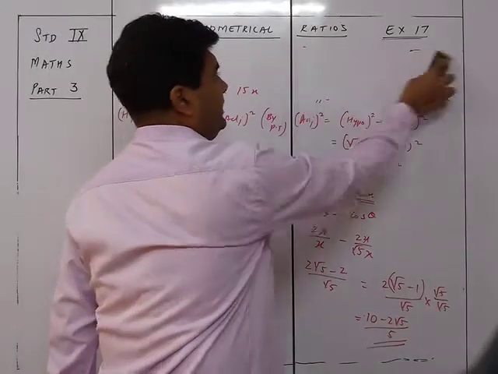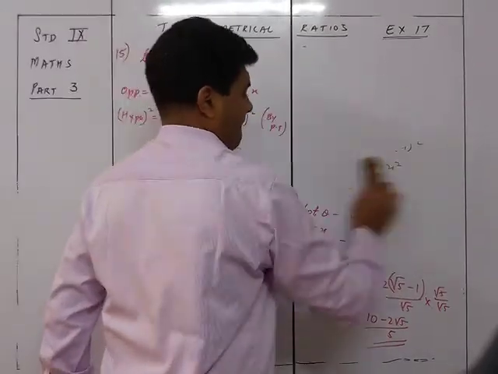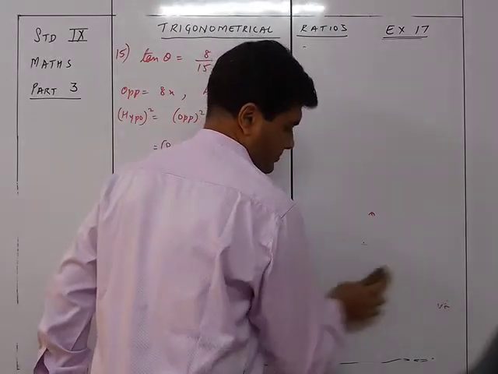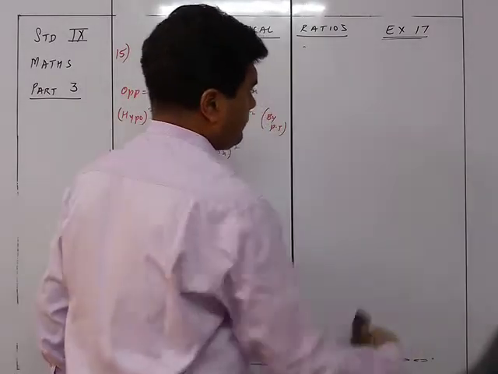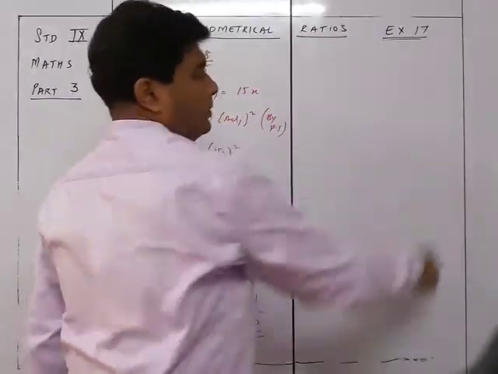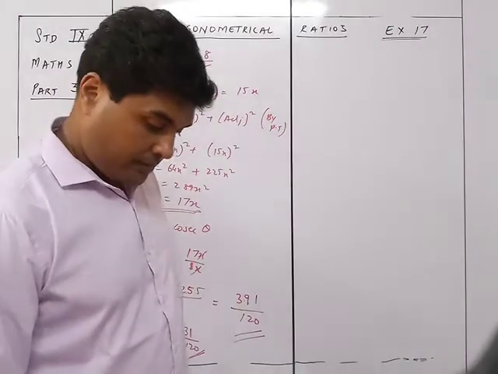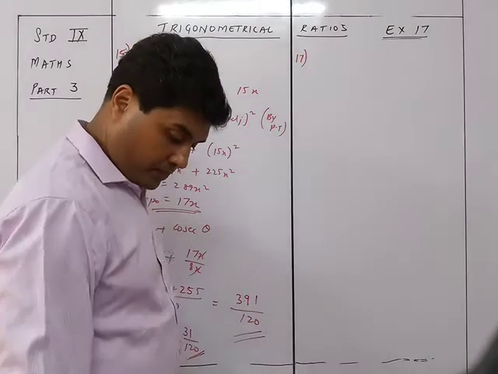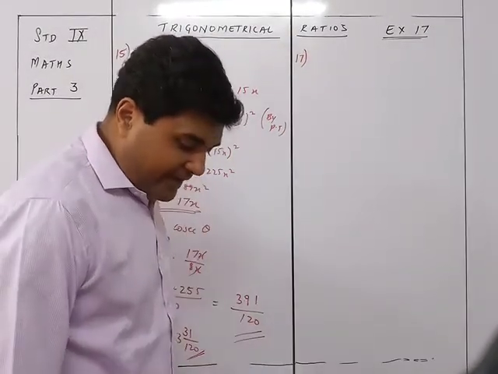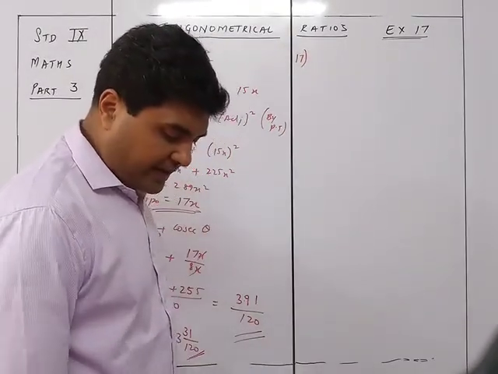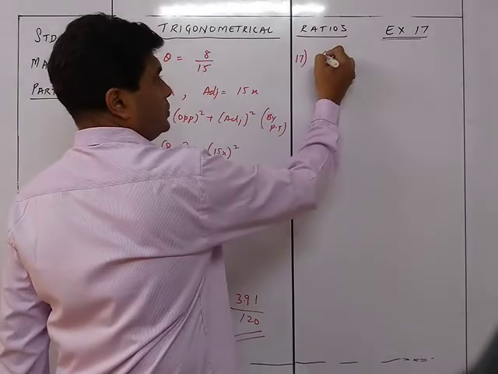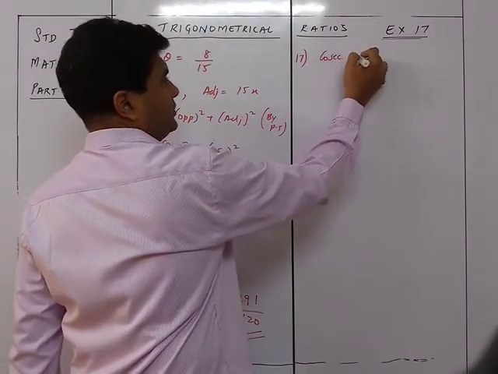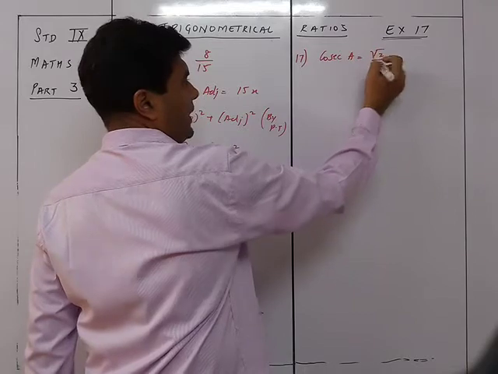Sum number 17. We move on to sum number 17 now. Given A is an acute angle and cosec A is root 2. So cosec A is equal to root 2 upon 1.